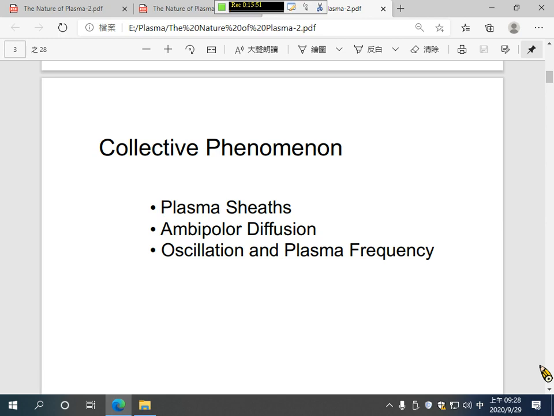And with such a large scale, the collective phenomena of plasma can be described. The first one here is the plasma sheath. The second one is bipolar diffusion, and the third one is the oscillation of plasma.